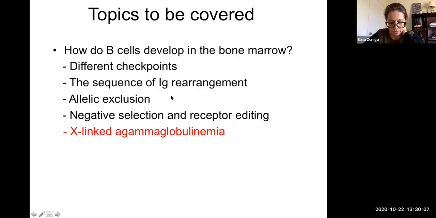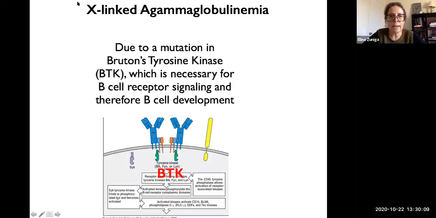Okay, so last we will learn a little bit about an immunodeficiency called X-linked agammaglobulinemia. As the name indicates, it means without gamma globulins. These patients have low levels of gamma globulins, or immunoglobulins, in their serum.